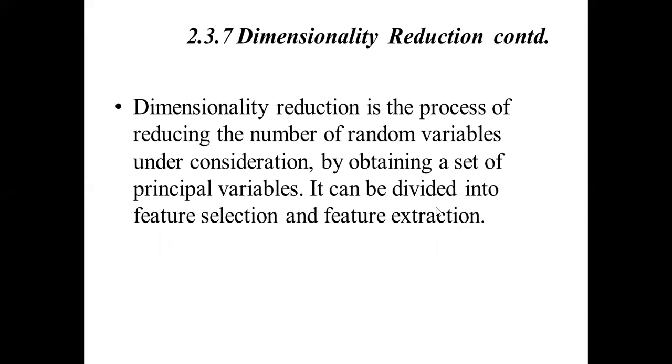Feature extraction means that this flower belongs to this category, this flower belongs to that category. So which features or insights we wanted to gain will be called feature extraction, or what is the rule or feature we wanted to extract, that can be taken from dimensionality reduction.